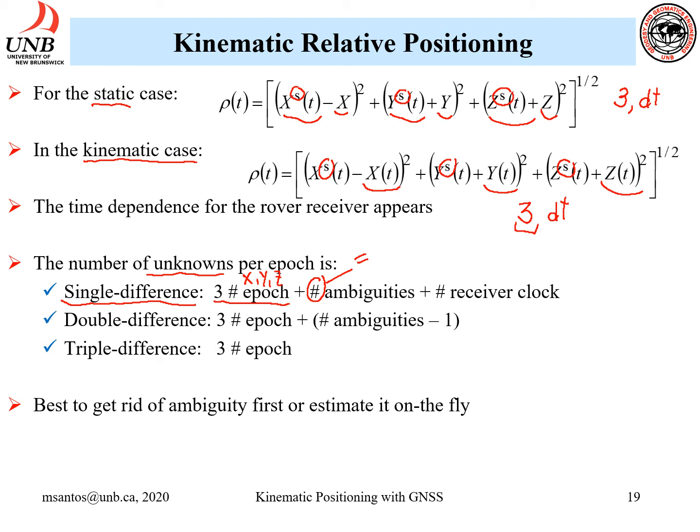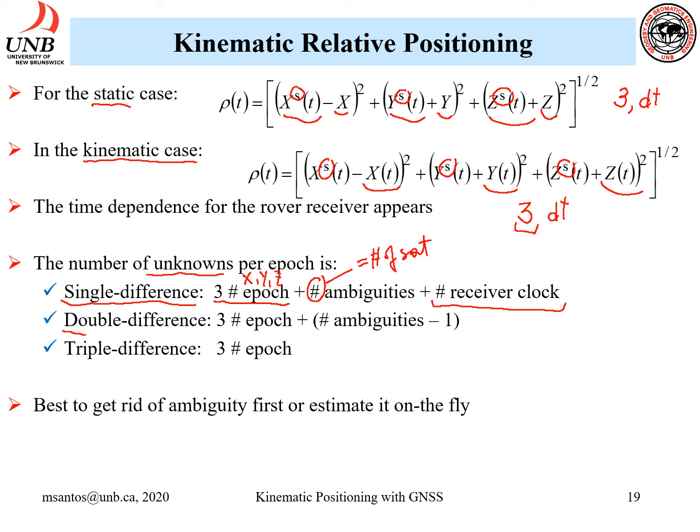Okay, 1 ambiguity per satellite. So the number of ambiguities is actually equal to the number of satellites. And we have the receiver clock. If we want to estimate the receiver clock at every epoch, we're going to have 1 unknown for every epoch.